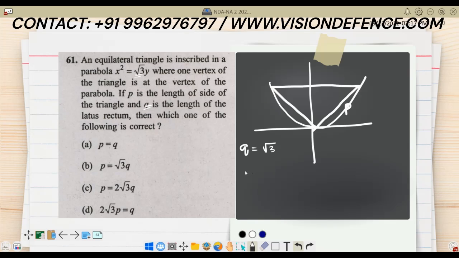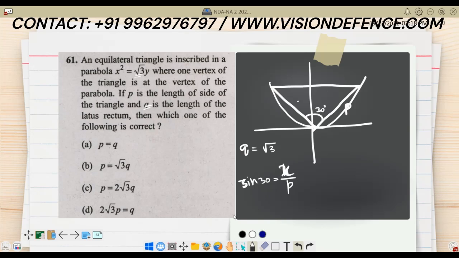So we need to find P and then find the relation between P and Q. To find P, see, the whole angle is 60 degrees, so this alone will be 30 degrees, right? So sine 30 degrees equal to, this is of course the x-axis, so x by P. This is opposite by hypotenuse.